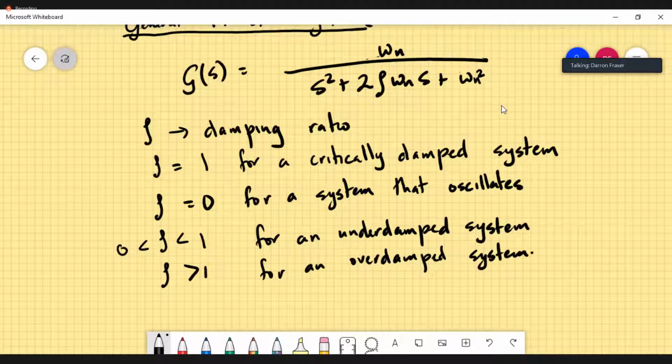So the system damping ratio tells you how much opposition to oscillation you would have. Omega n is the natural frequency of the system.